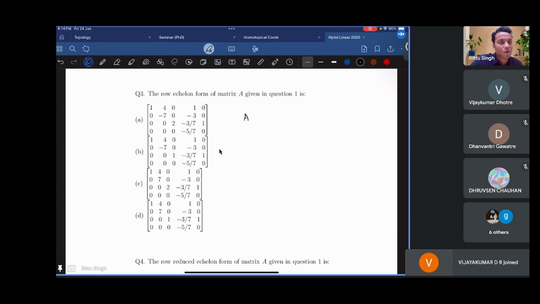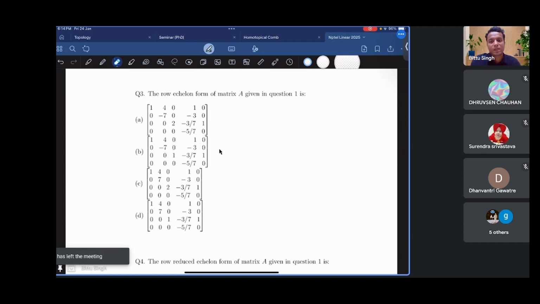But row echelon form will take a particular form. It is some kind of diagonalization, though. For example, here we can see this is a 4 by 5 matrix. For a 4 by 5 matrix, diagonalization is not possible, or triangulation, that is, it is not completely a symmetric triangle, right?